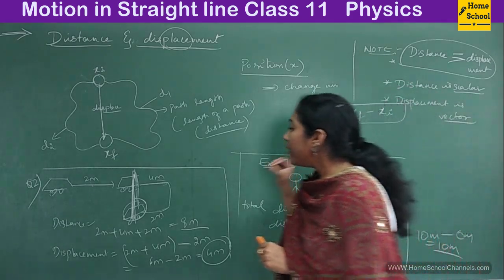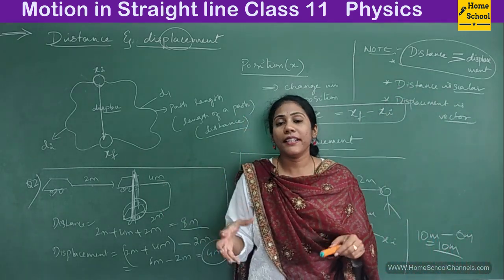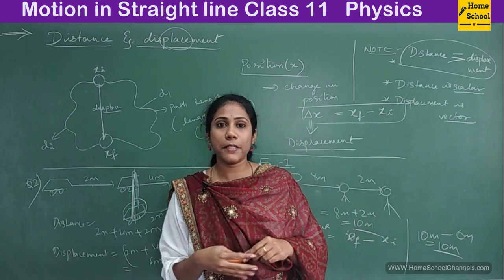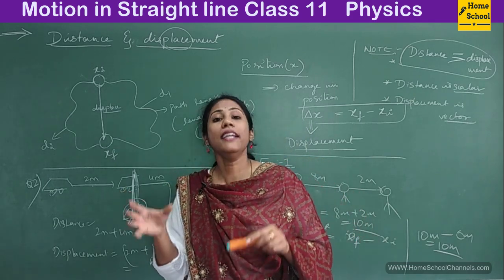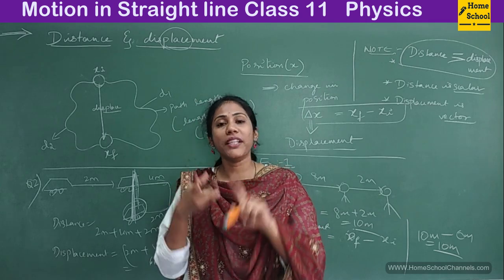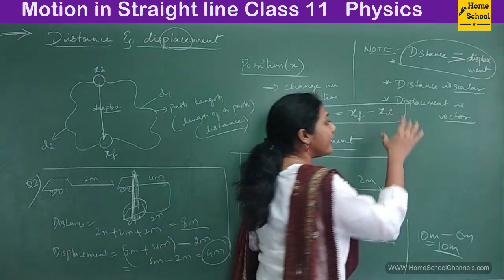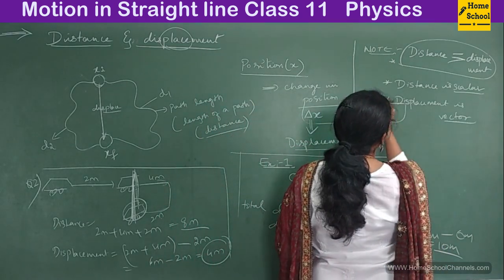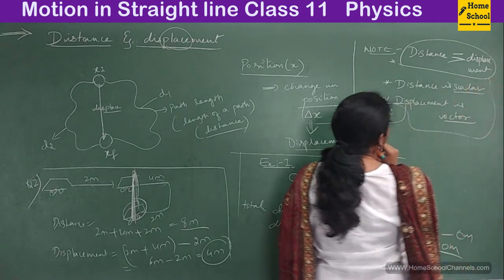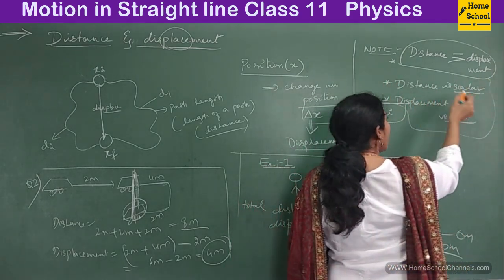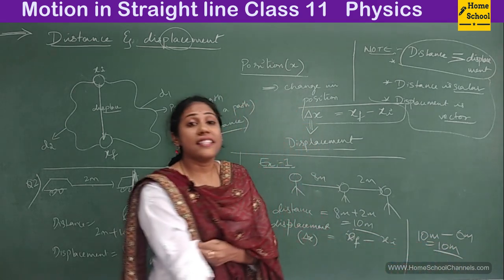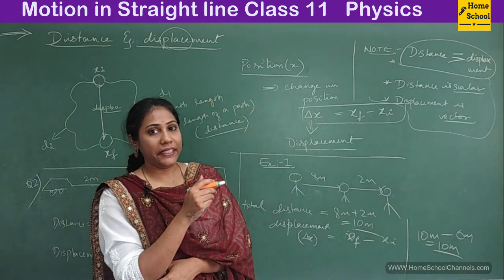So direction is also very important. We consider direction for displacement. The quantity which has both magnitude and direction is called a vector quantity. So this is the most important basic idea one must have. Distance is always a scalar quantity, whereas displacement is a vector quantity.